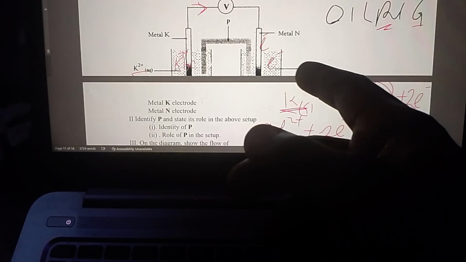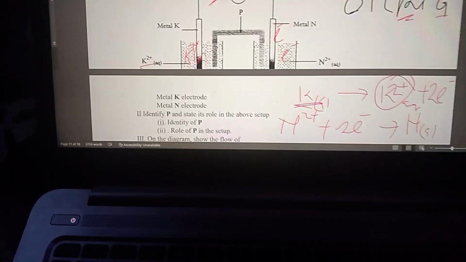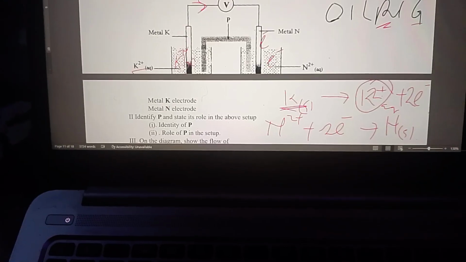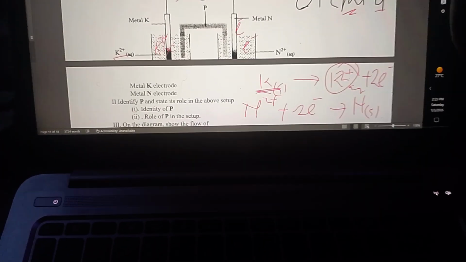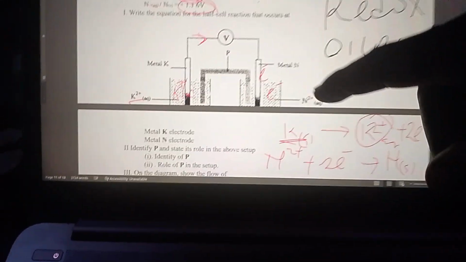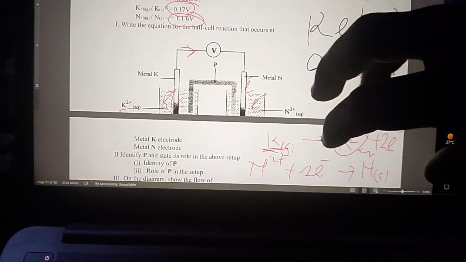So N is more likely to pull electrons because for this case here it is having a higher electrode potential there, and K is having a smaller electrode potential, and in that case K is the one that is going to be losing electrons there. So this is acting like a magnet.